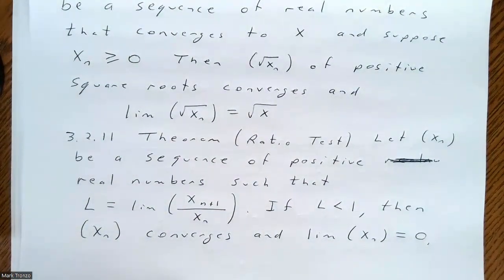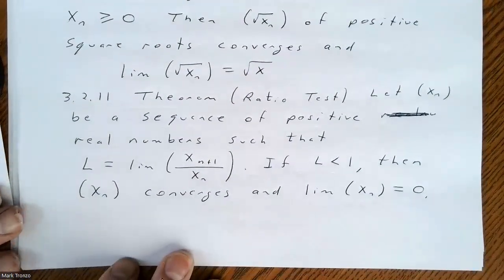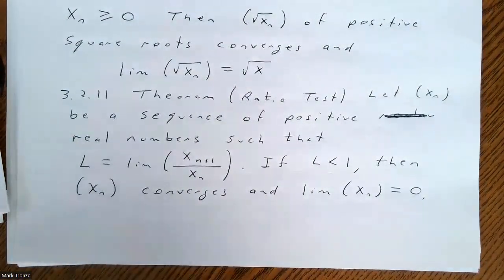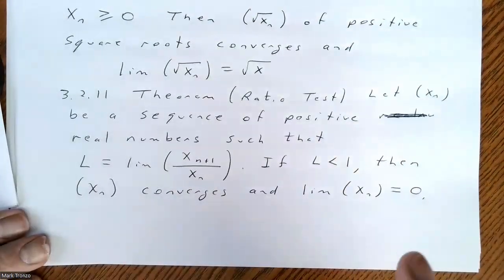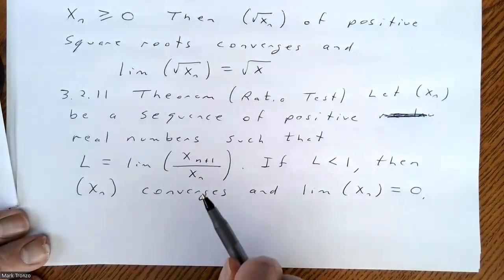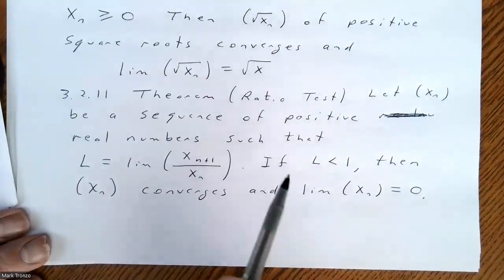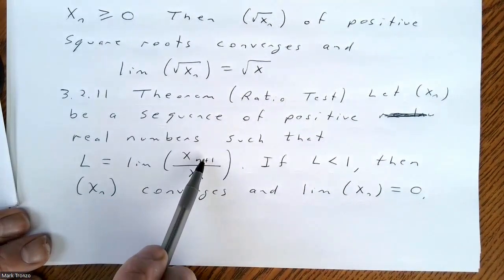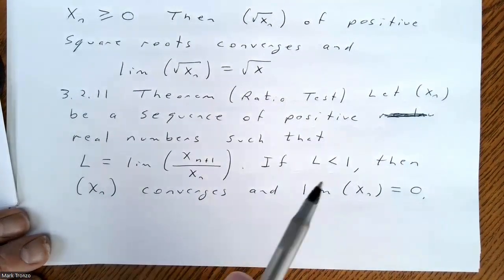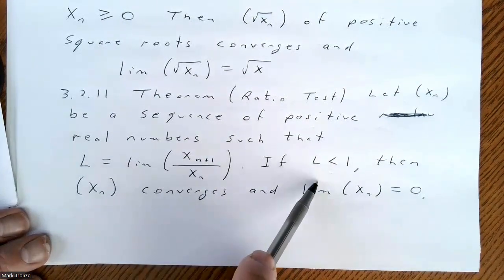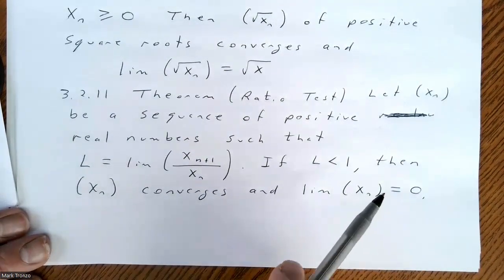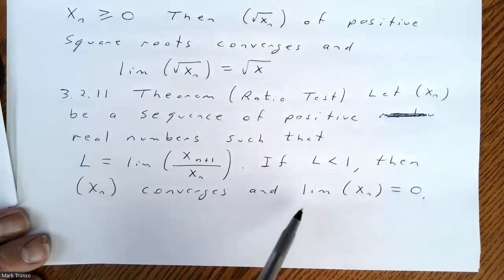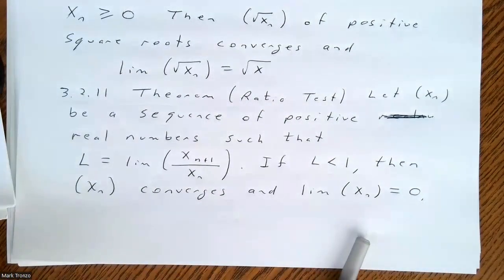So now it's the ratio test from Calc 2: if you have a sequence of positive real numbers, what it in effect means is the ratio is really getting smaller. If the limit is less than 1, then Xn converges and the limit is 0.